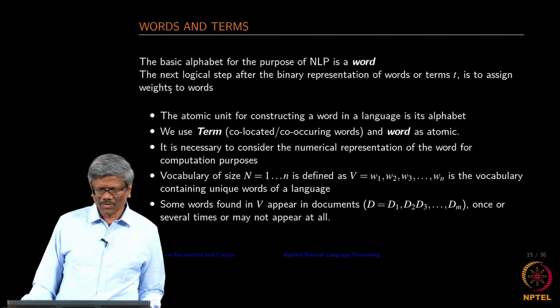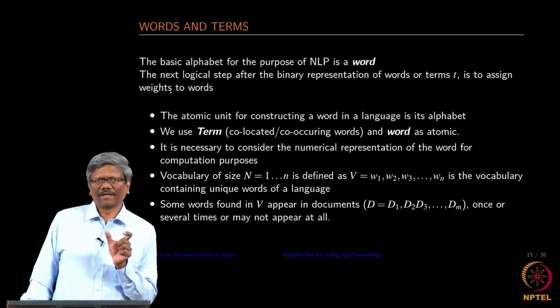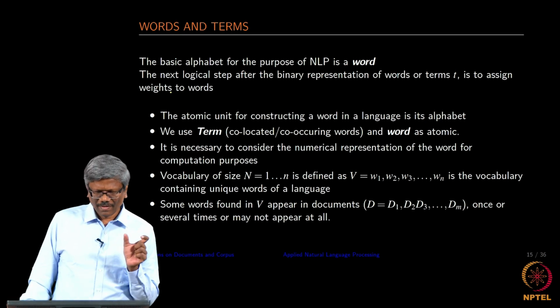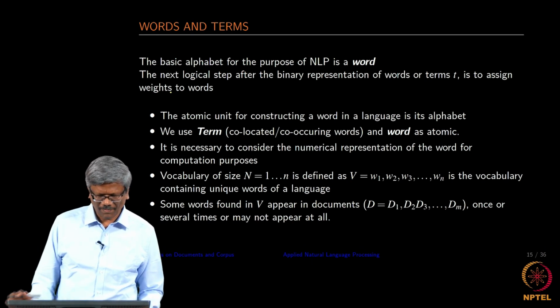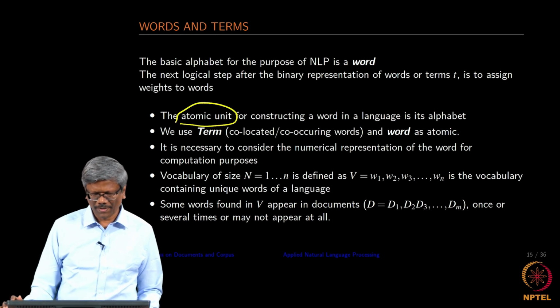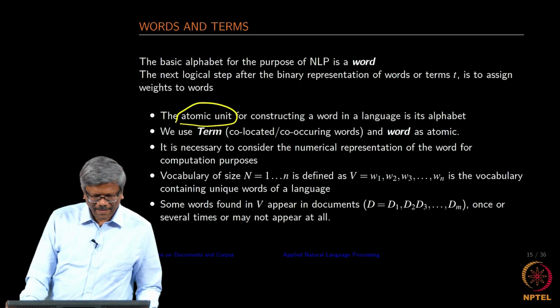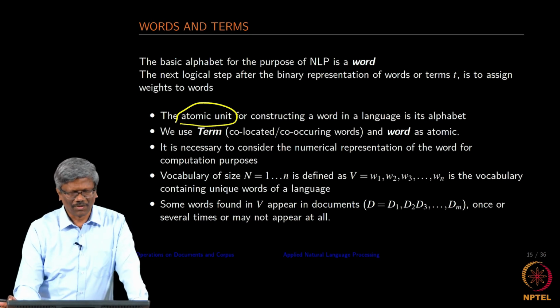For us to know that, we need to understand that the word is atomic in nature for the purpose of natural language processing. Word is your atomic unit, and that is your alphabet in natural language processing terminology.